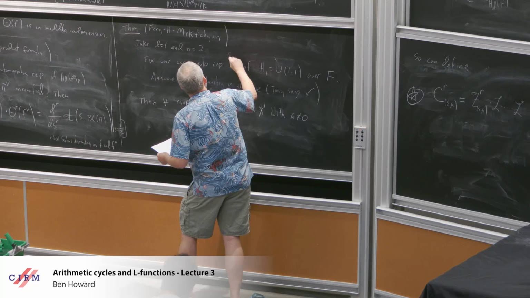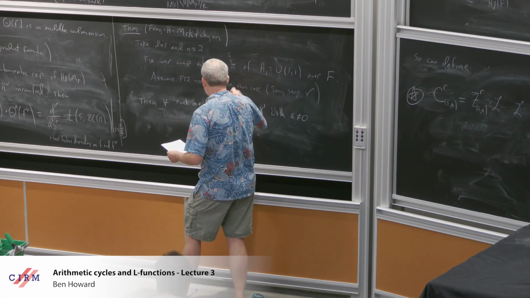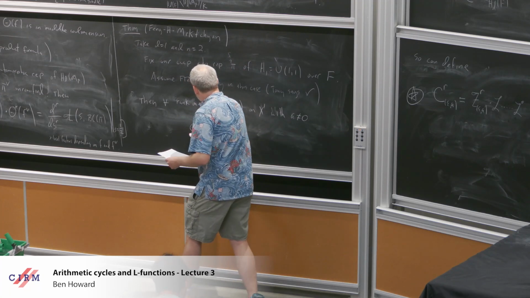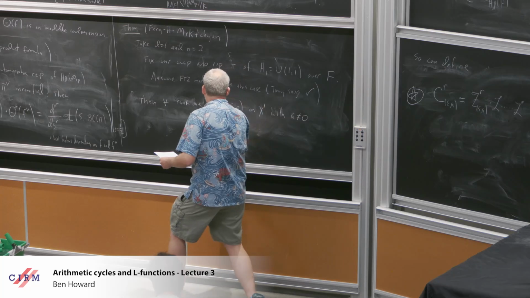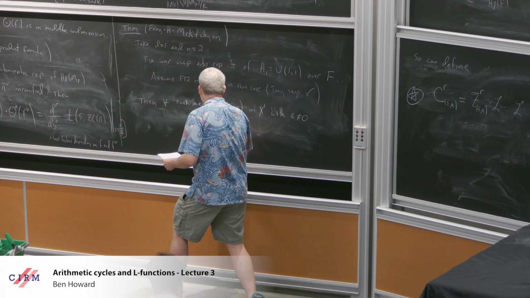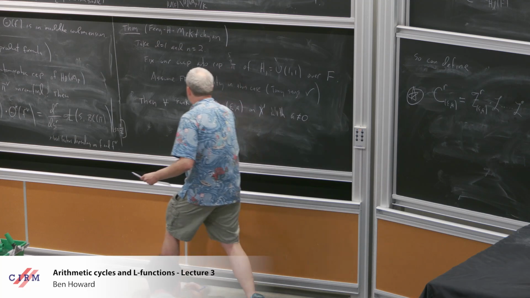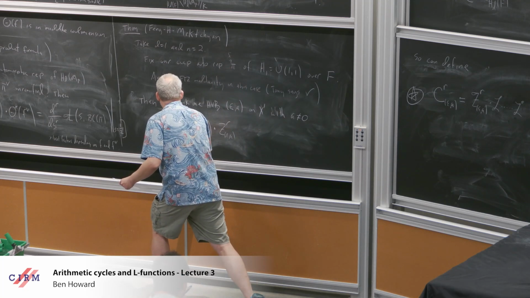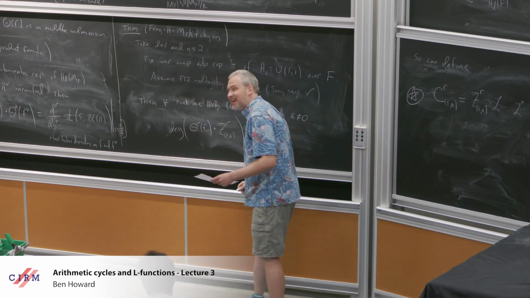So take an f, an unramified vector here, and I can intersect it in the Chow ring and the Chow ring with proper support, where this guy lives. This will live in the Chow group of 0 cycles with proper support, and so there's a well-defined degree on it.